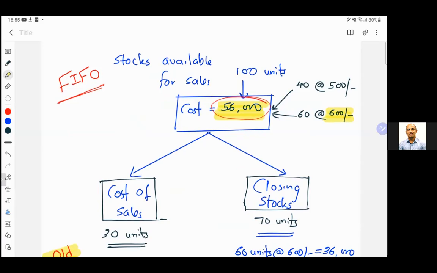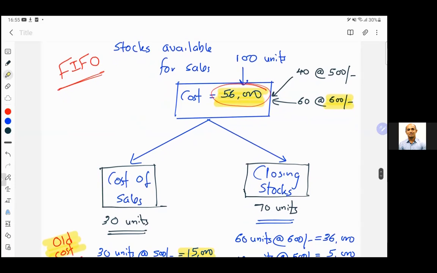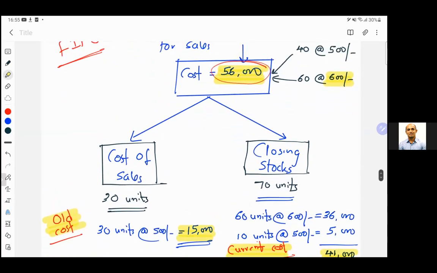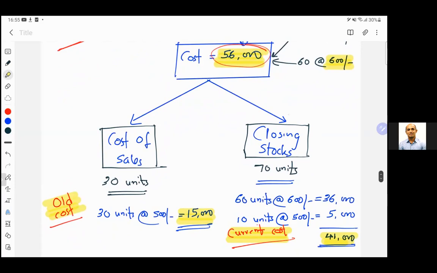Now, if your company follows the FIFO method, you see closing stock value at current cost, but cost of sales value at old cost.